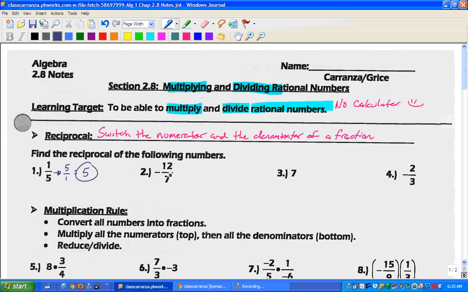All right, negative 12 over 7, the reciprocal of that would be negative 7 over 12. 7, well that's not a fraction, so we have to turn it into a fraction by putting it over 1, and the reciprocal of that would be 1 over 7. All right, negative 2 over 3, the reciprocal of that would be negative 3 over 2.